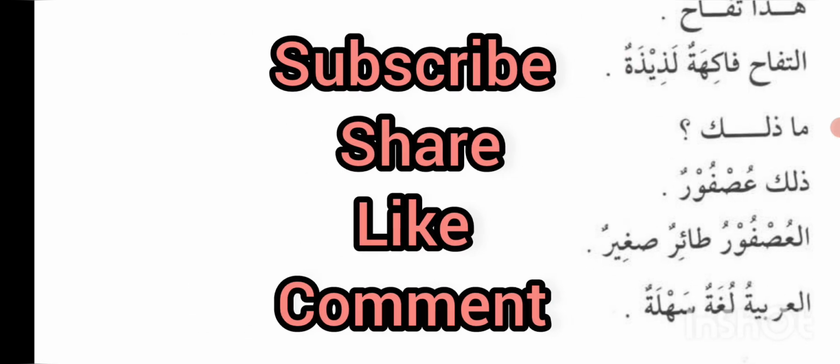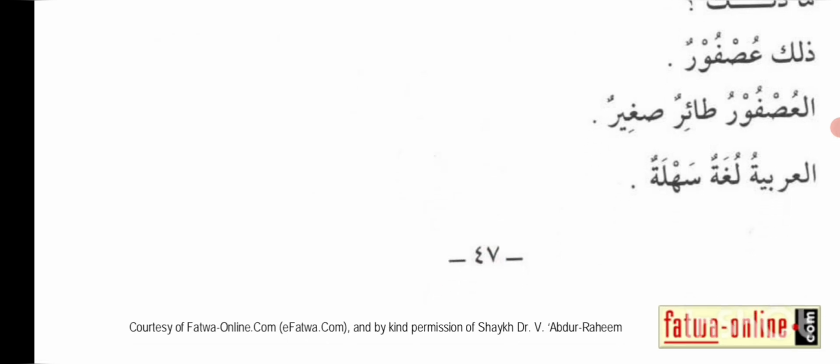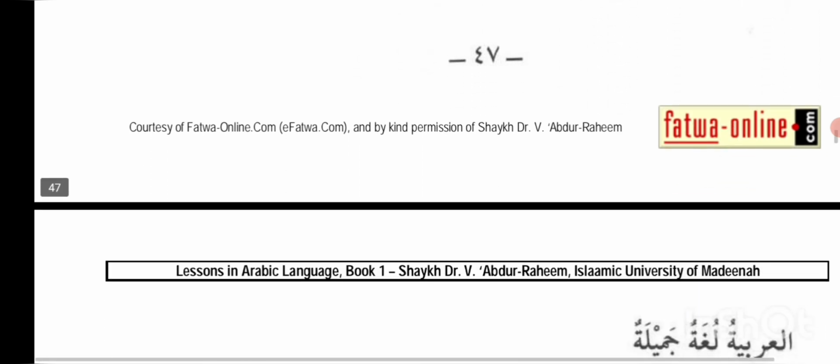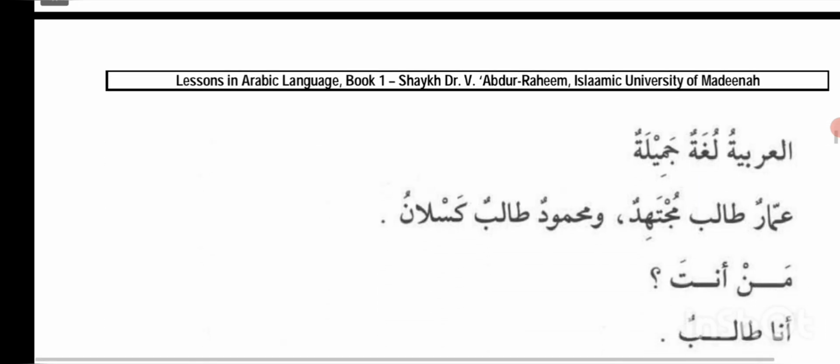Lazizatun, sweet or delicious. Usfurun, pigeon. Ta'irun, a bird. Saghirun, small or young, depending on what you are qualifying. Sahlatun, simple or easy. Jamilatun, beautiful. Mujtahidun, hardworking. Kaslanu, lazy, and so on.